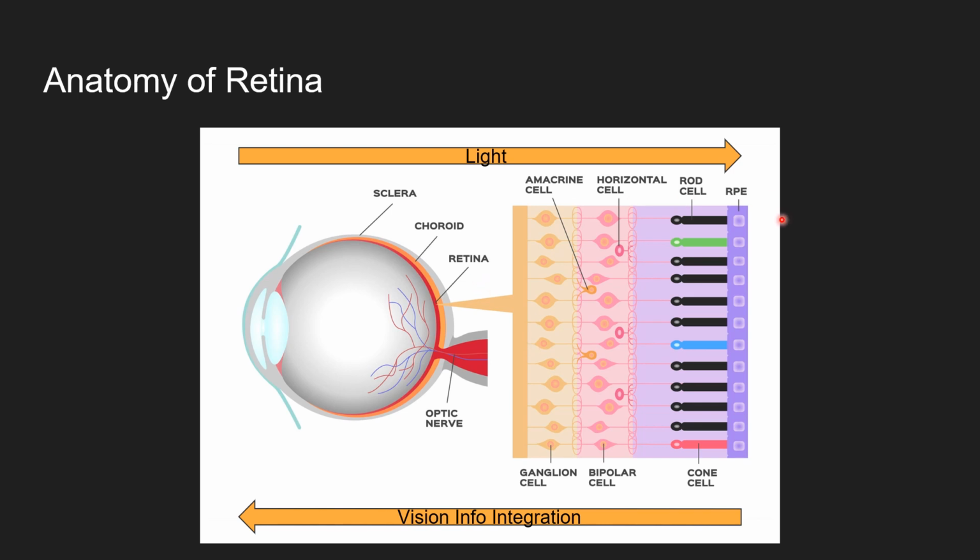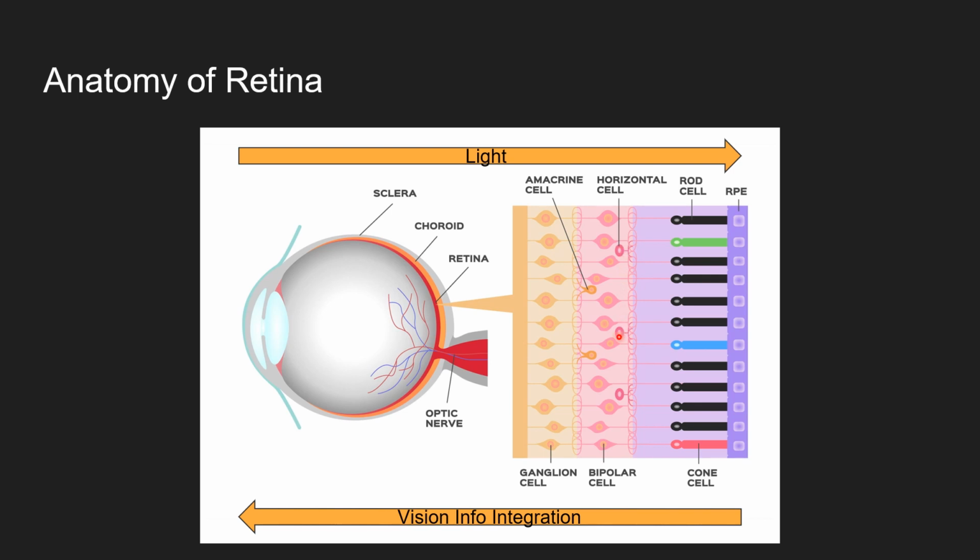So how it works for vision integration, again, you have these two types of photoreceptor cells, your rods, which deal with light, and then your cone cells, which deal with color. And again, that light is going to be absorbed, and then it's going to send that information to your horizontal cells here.